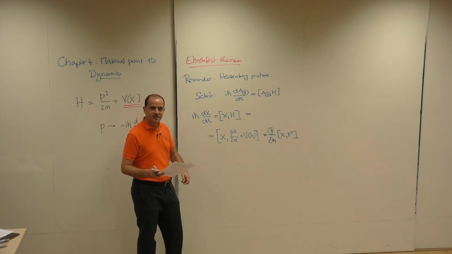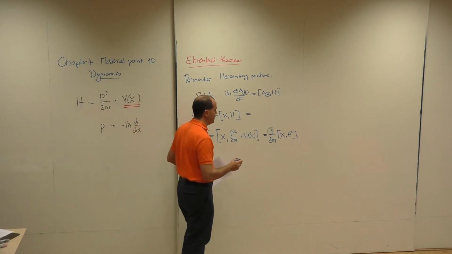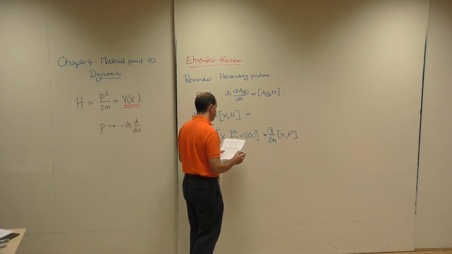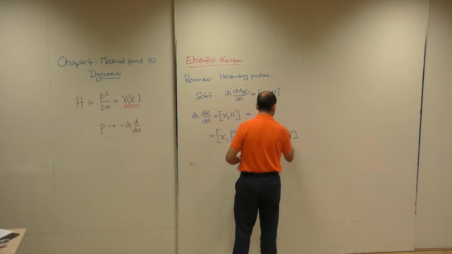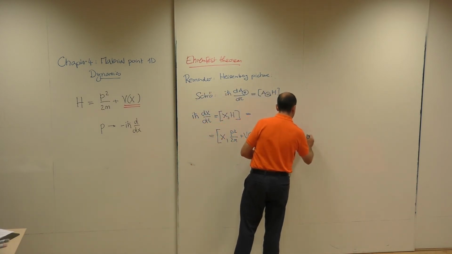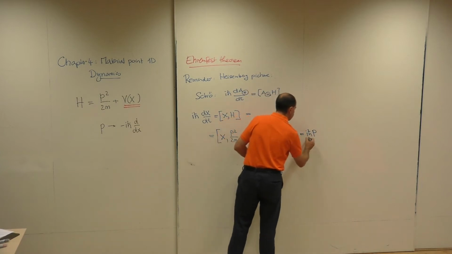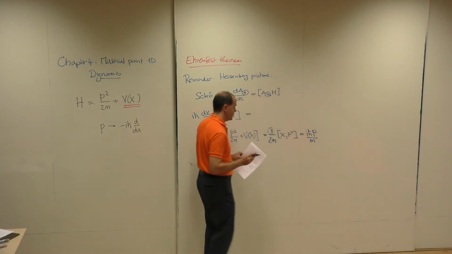Not too difficult an exercise, using the commutator identity [A,BC] that you find in some tutorial. This, again, is good practice for you: you find that this is equal to iħ p times 2. And the 2 disappears, so we've got this.